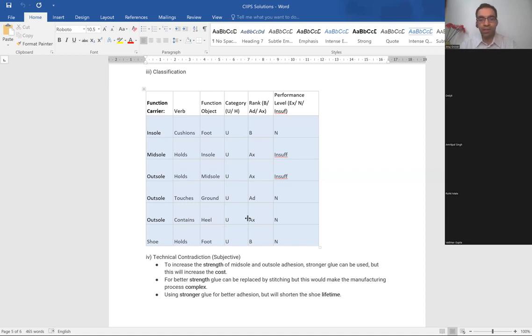Outsole contains heel, again an auxiliary function. In terms of performance level, midsole holds insole and outsole holds midsole are the two insufficiently performed functions. Is that okay? If you have defined additional components, you have to clearly rank the functions related to those additional components also.